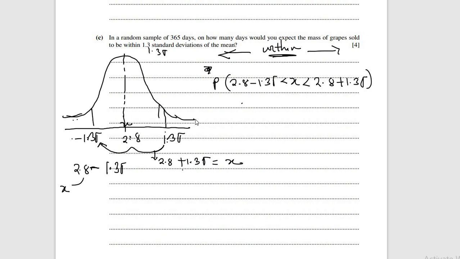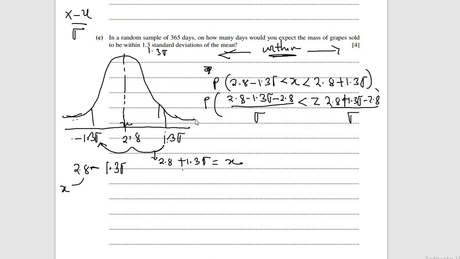So let's standardize it. It's x minus mean over standard deviation. X in this case is 2.8 minus 1.3 standard deviations, minus our mean, which is 2.8, all over standard deviation, less than z, less than 2.8 plus 1.3 standard deviations minus our mean 2.8, all over standard deviation, that's the square root of variance.